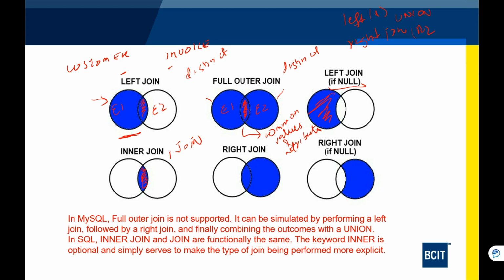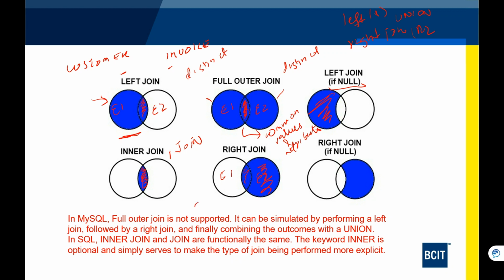Now for the right join, same as the left join, where we retrieve information from the left entity only, here we are retrieving information from the right entity. It will try to match the information from the right to the left. It will look at the common values and retrieve the information of the rightmost entity.